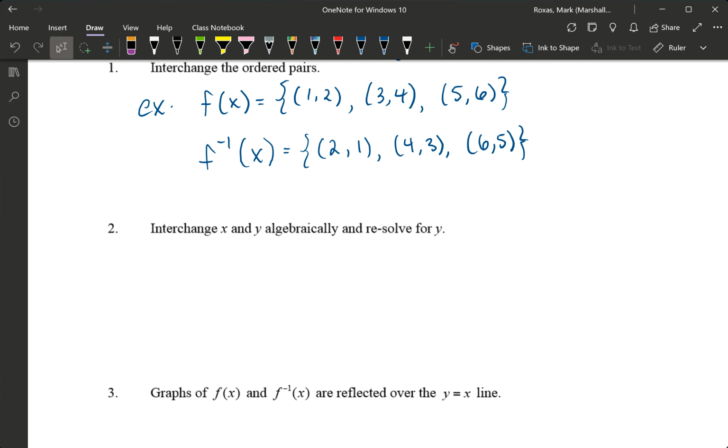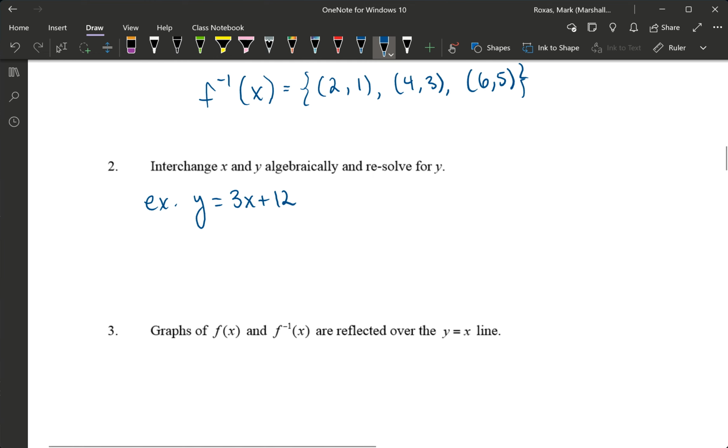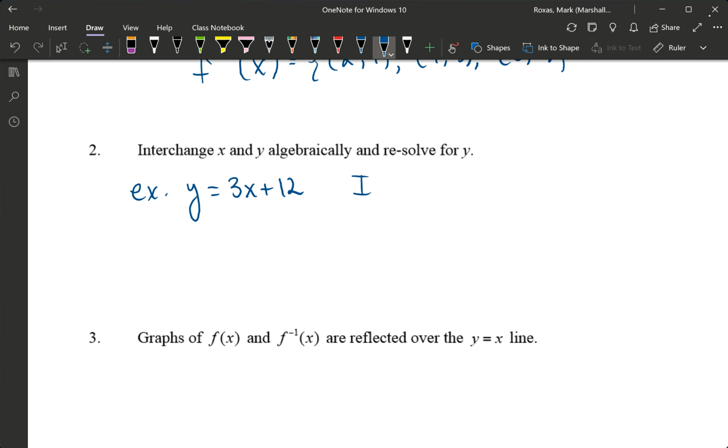Algebraically, we can also interchange x and y and resolve for y. For example, if I had a function y equals 3x plus 12, then the inverse of this function would start off by interchanging x and y. So now I have x instead of y, equals 3y instead of 3x, plus 12.